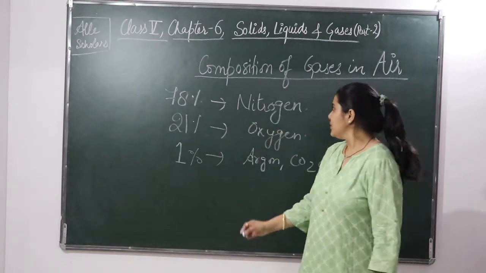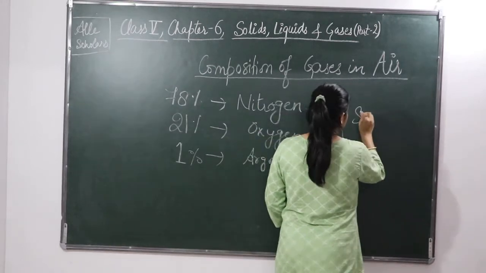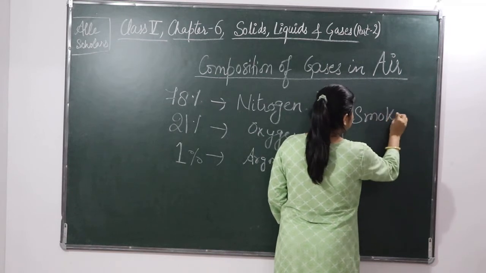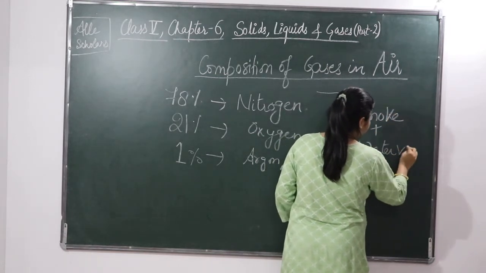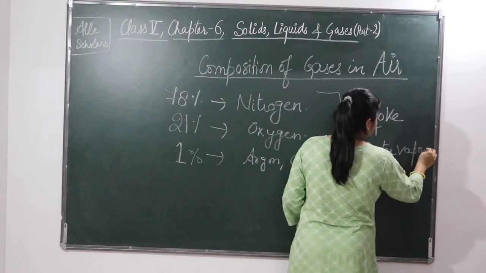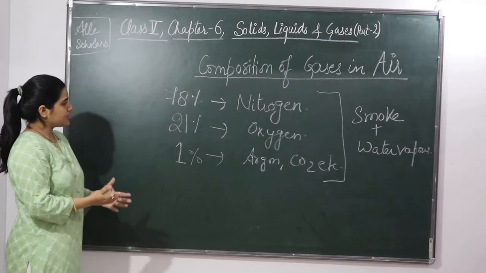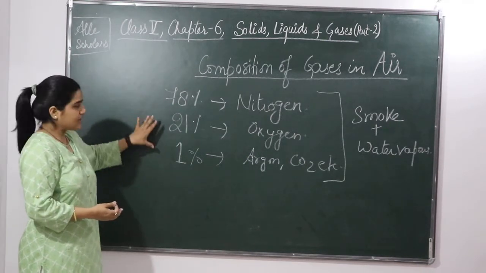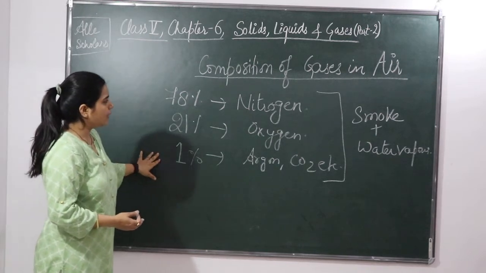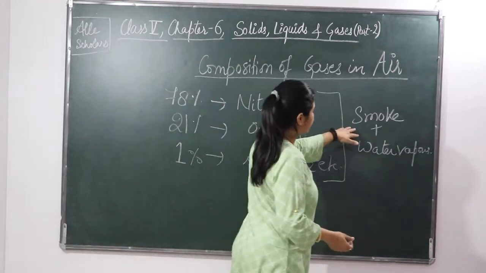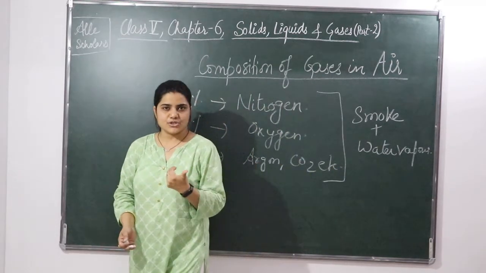Along with these gases, air also has smoke plus water vapor. So air is a constant composition of different gases. We have seen this percentage. Please read this percentage carefully, along with some smoke and water vapor. So this was all about the composition of air.